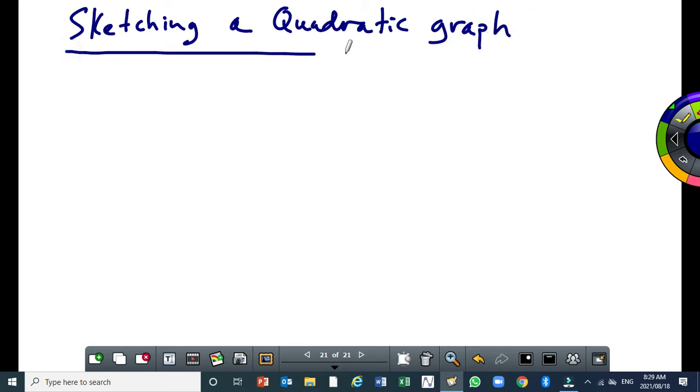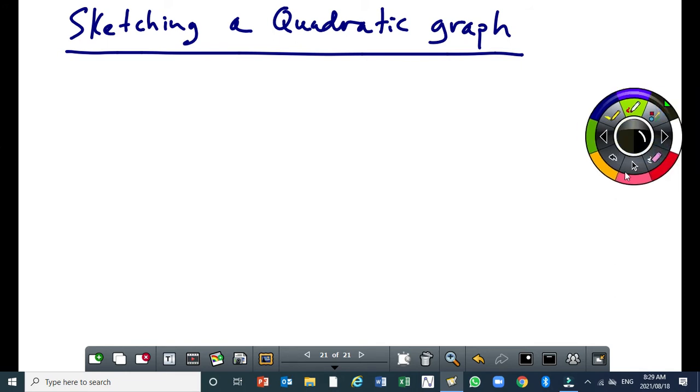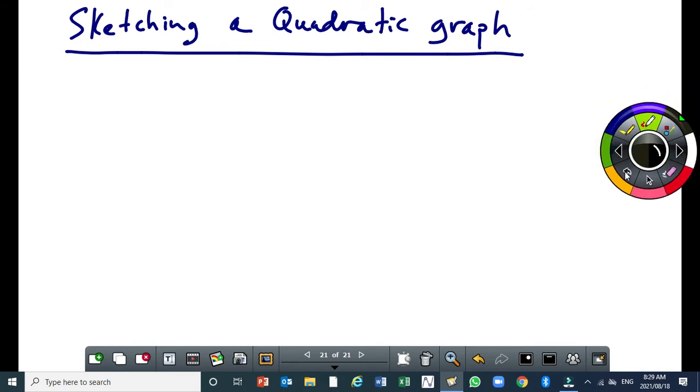Right. Now, since you've already sketched the trigonometric graph, right? Means you have got exposure to sketching. So I don't expect you to struggle with sketching the quadratic function. It's not as complex as the trigonometric function. Right? So let's just do an example.